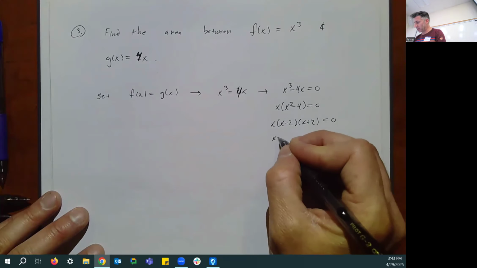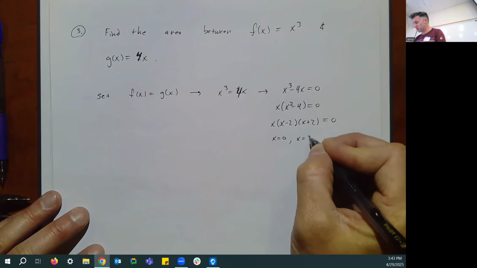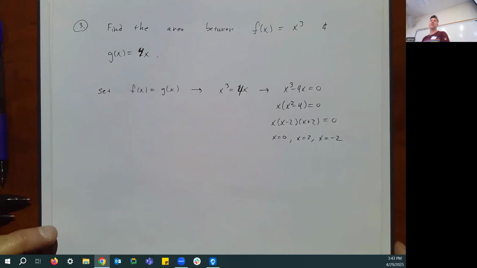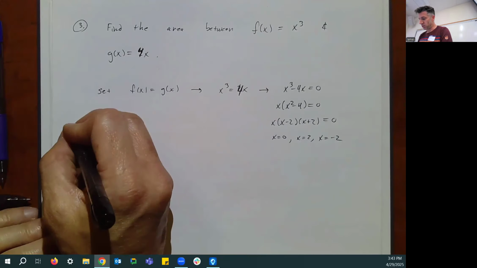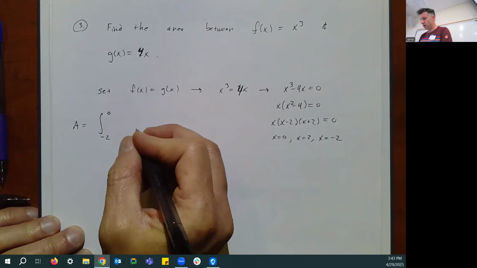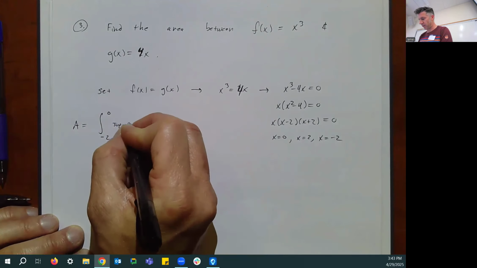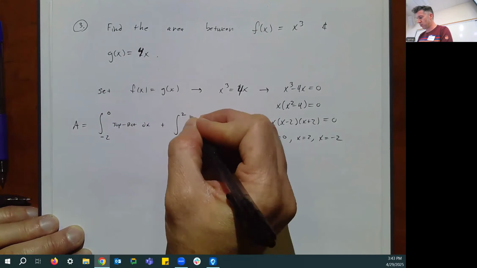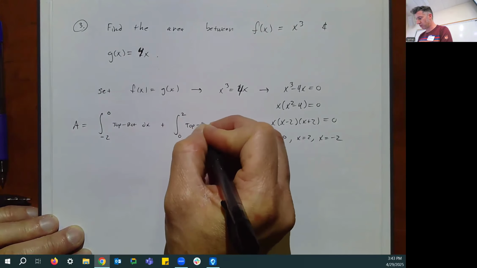So we get x equal to 0, x equal to 2, and x equal to -2. So that actually means we have to set up 2 separate integrals. The integral from -2 to 0 of the top function minus the bottom function, plus the integral from 0 to 2 of the top function minus the bottom function.